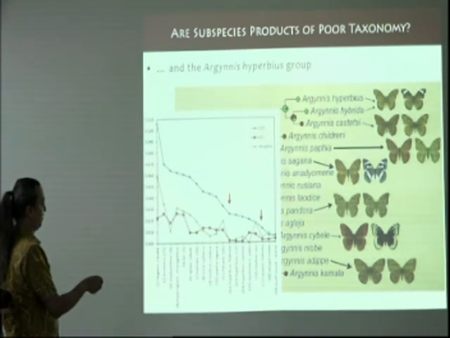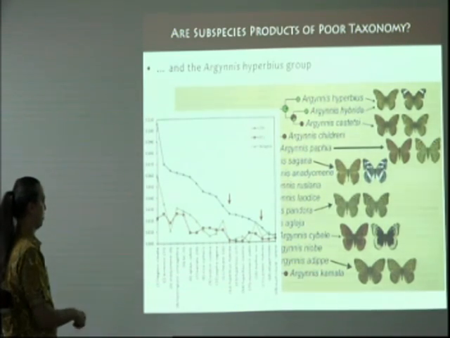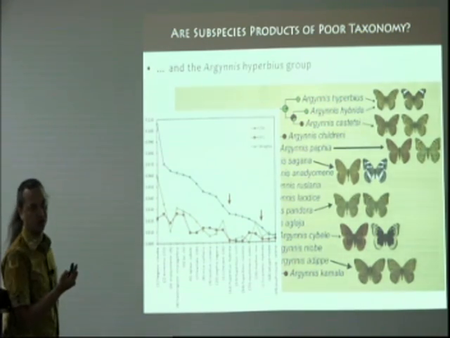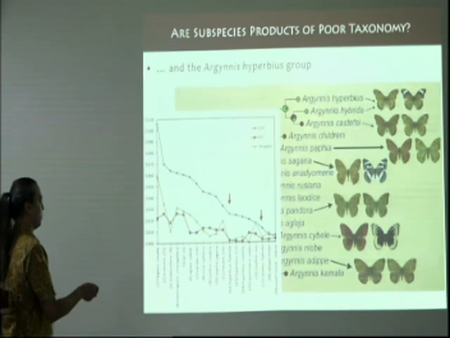For different genes, you have that much divergence between hyperbius and the other things. Of course mitochondrial genes are more divergent than nuclear genes, which you do expect. And then whether you call them species, and if you don't, then at what level becomes a problem.